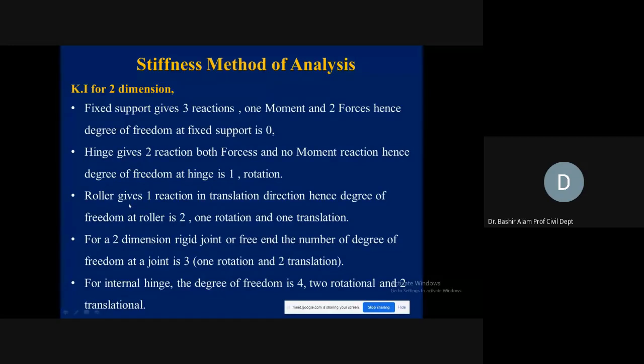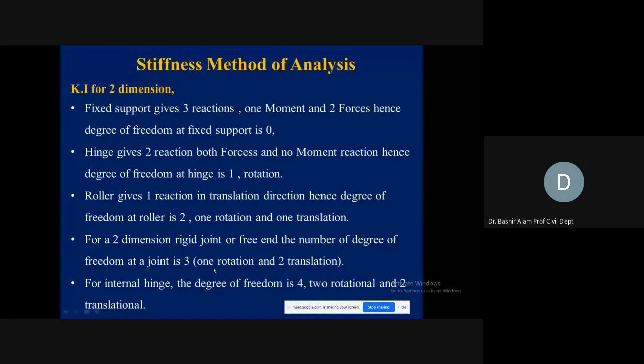Next bullet, roller gives 1 reaction in the translation direction. Hence, degree of freedom at roller is 2. One is rotation and one is translation. Now, for a 2-dimensional rigid joint or free joint, the number of degrees of freedom at a joint is 3.